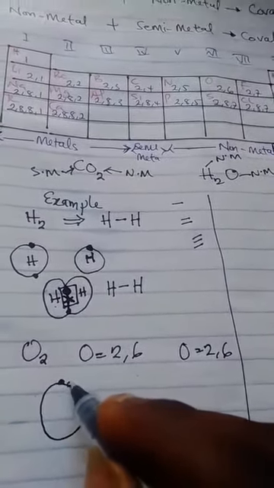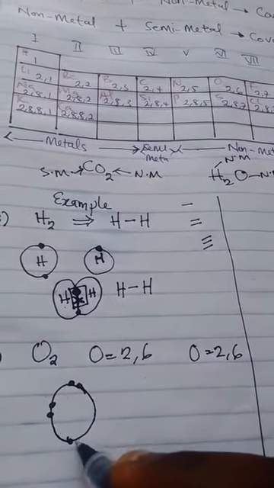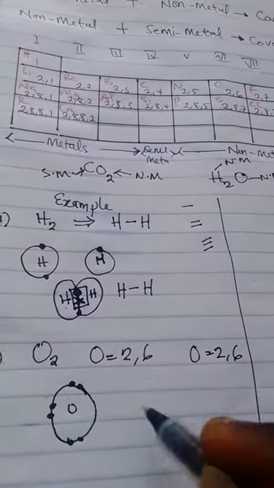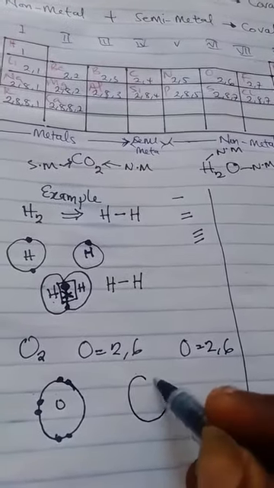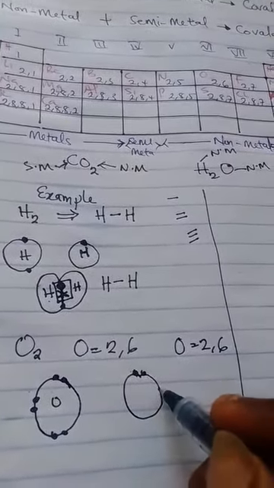This oxygen has 6 electrons in its outermost shell, and the other oxygen also has 6 electrons in its outermost shell. Remember they need 2 electrons each. Now something that can help you is this.